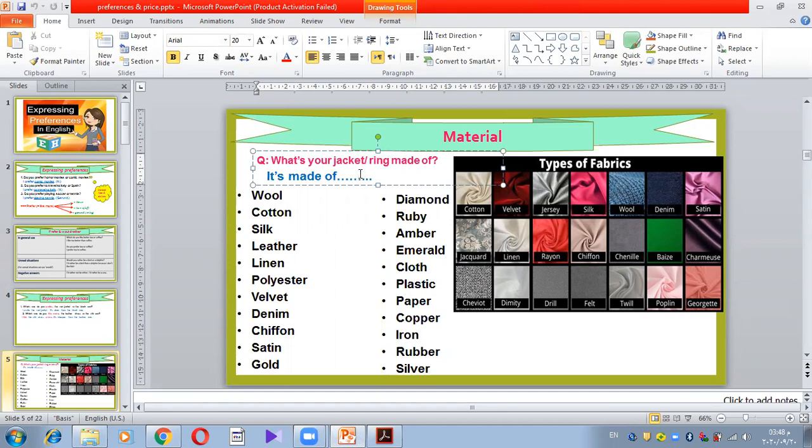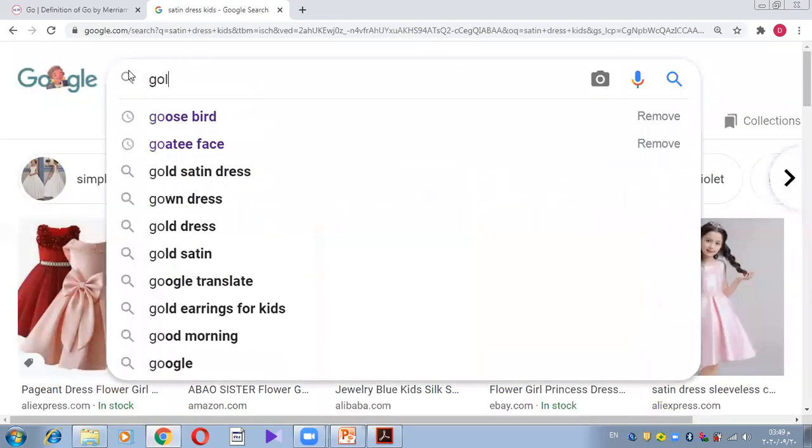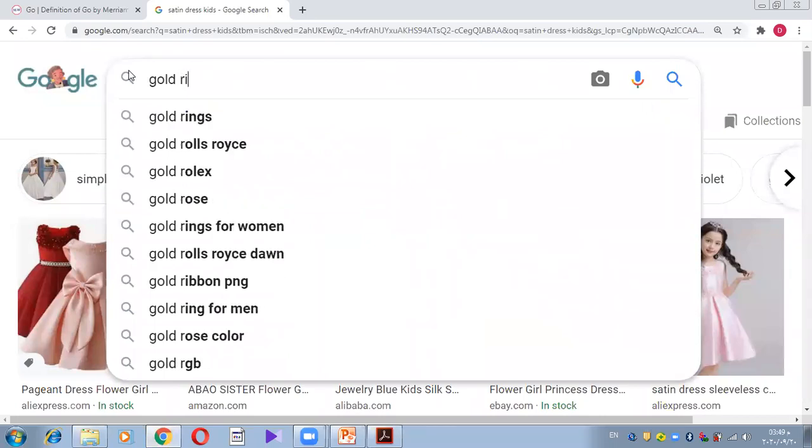I just want to give some of the words that are related to this part, to material part. We have what? Ring, the accessories. It's made of what? Made of gold. So I can give you examples as well. I know that you know this, but just to make sure that you got it.